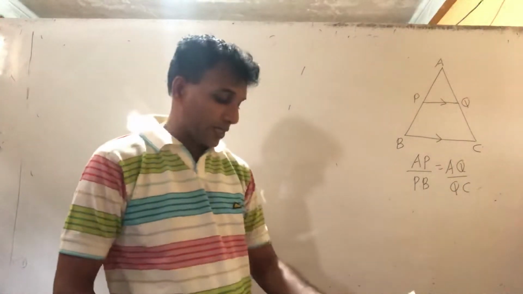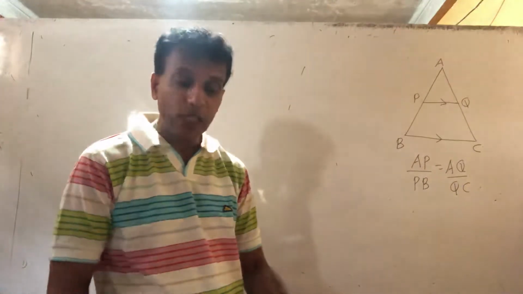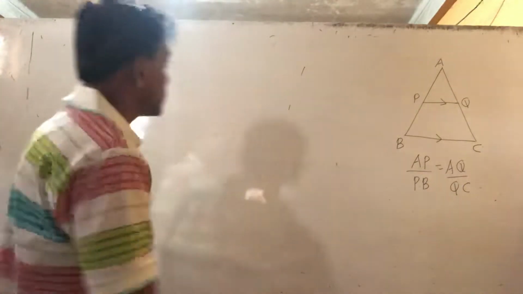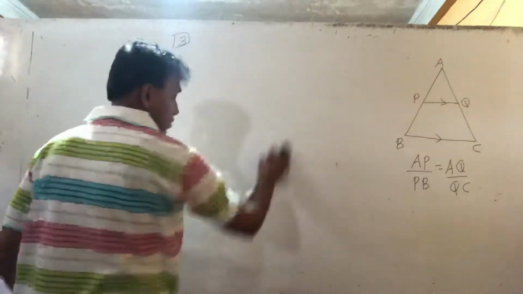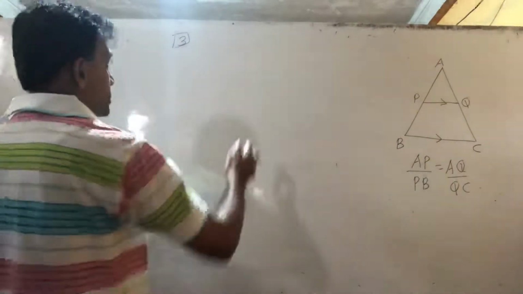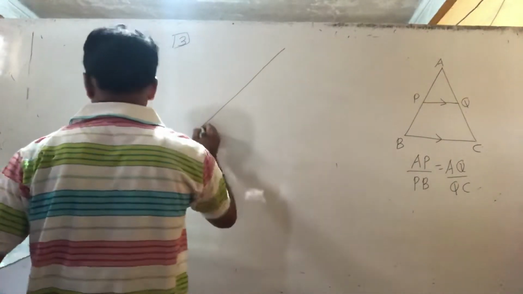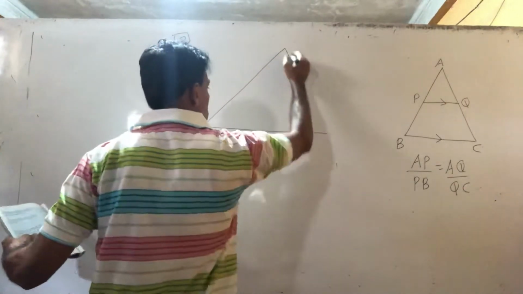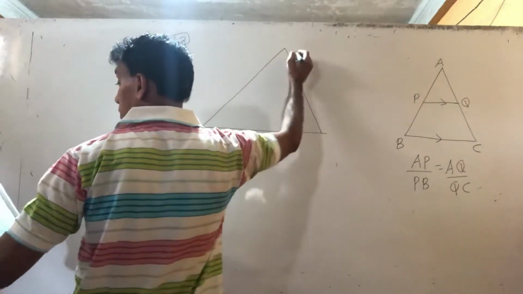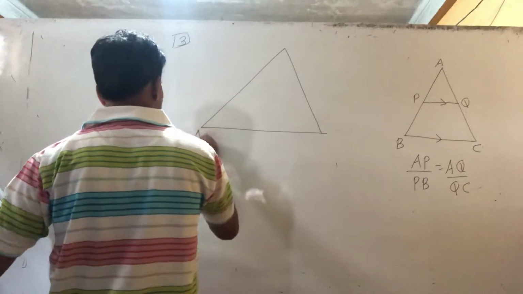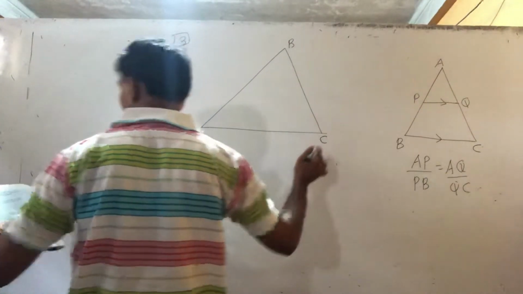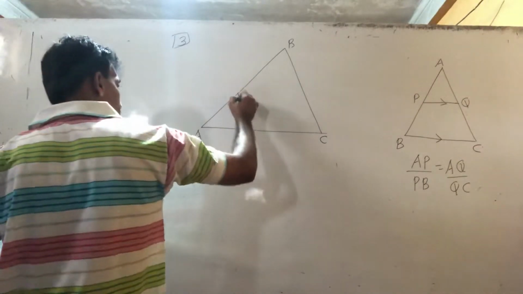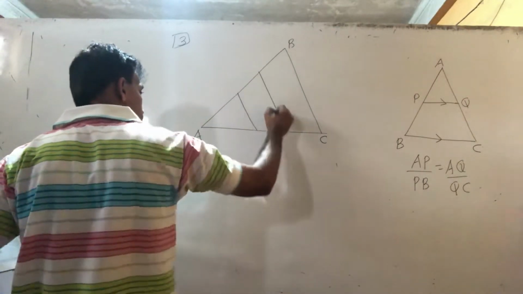I'll show page 82, question number 3. The diagram is given like this: triangle A, B, C, and there are a couple of lines parallel to BC.